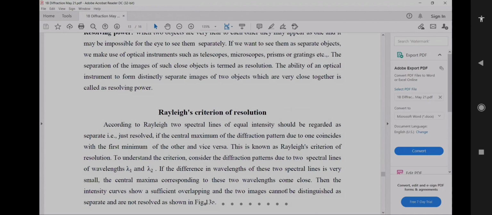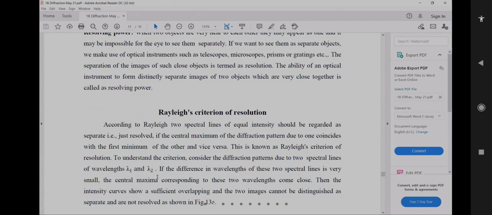To understand the criterion, consider the diffraction patterns due to two spectral lines of wavelengths lambda 1 and lambda 2.